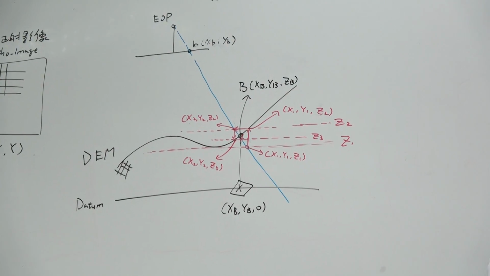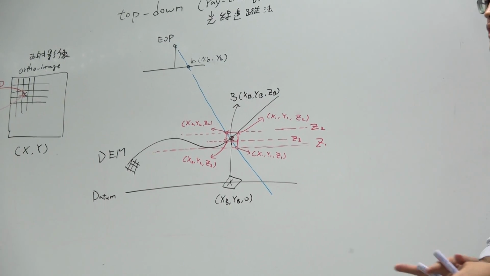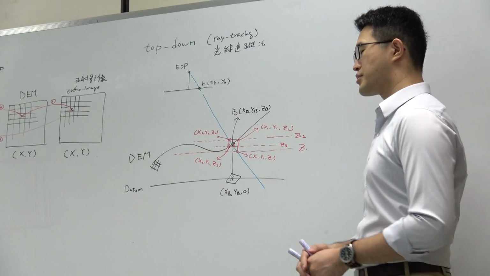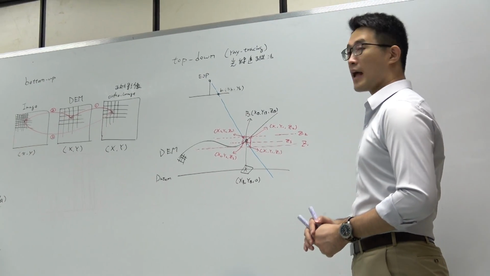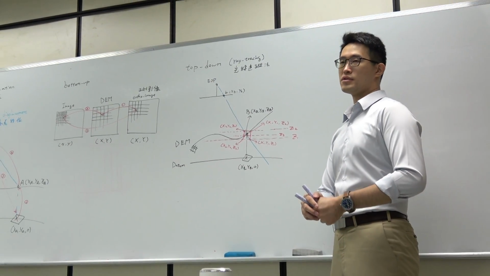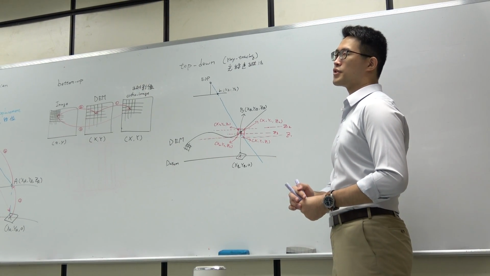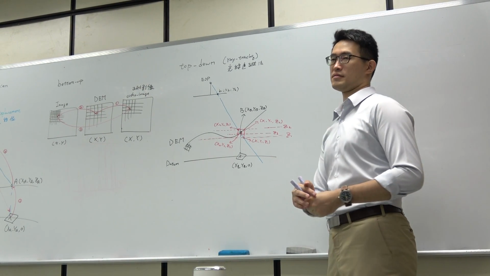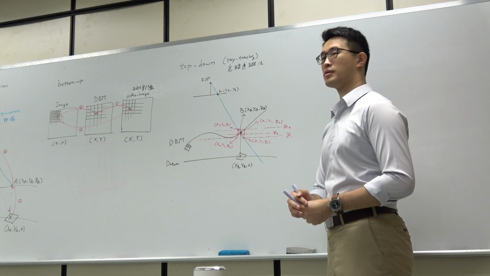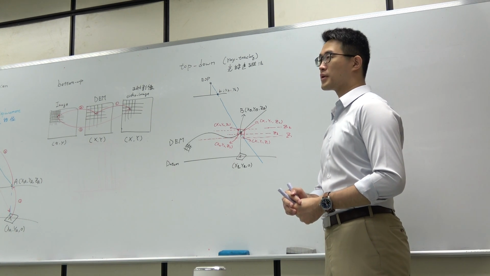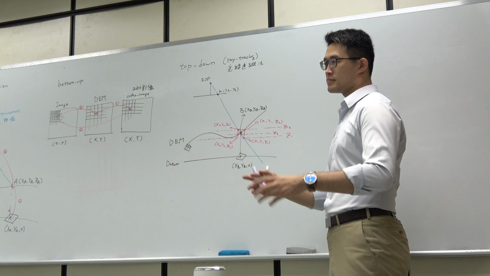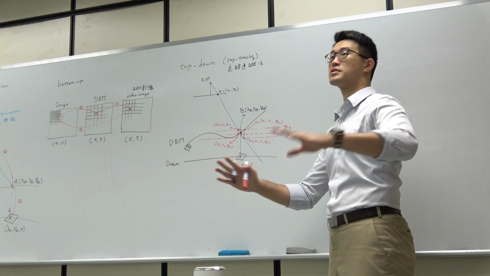There are two types of condition usually set up. One is the number of iterations. So you may assume, okay, I think it will converge after 20 iterations. So I only want to iterate 20 times, and if you reach 20 times, then you will stop.